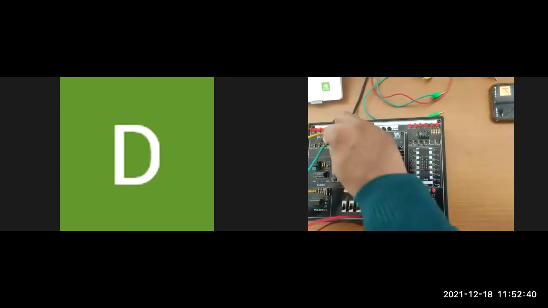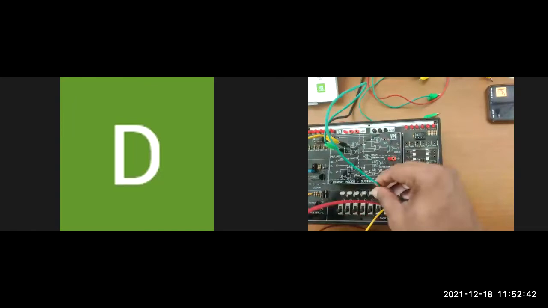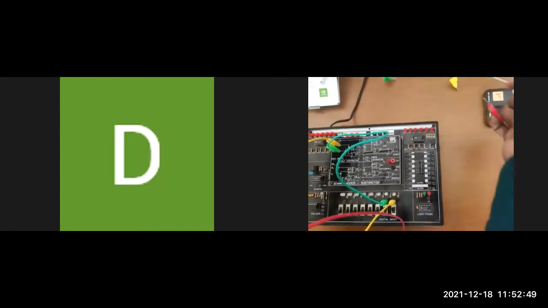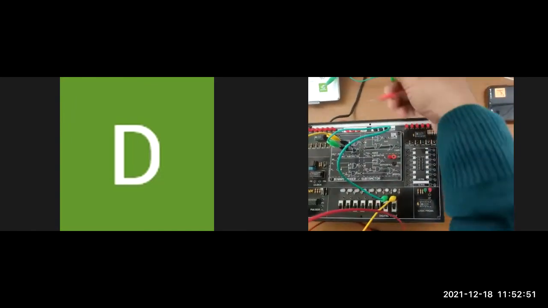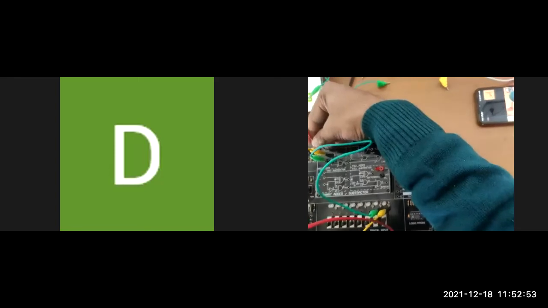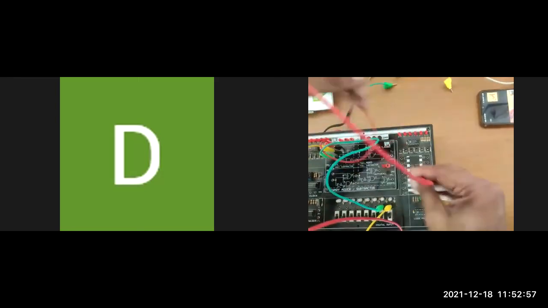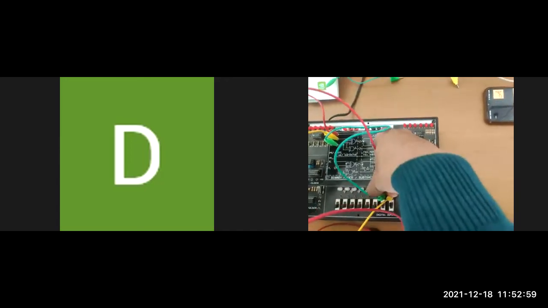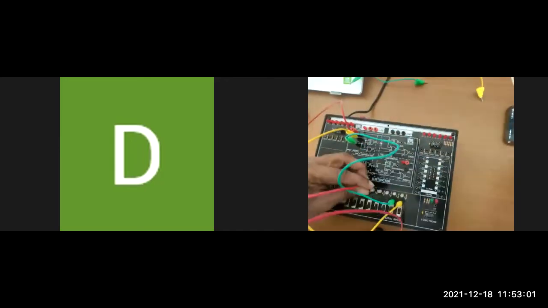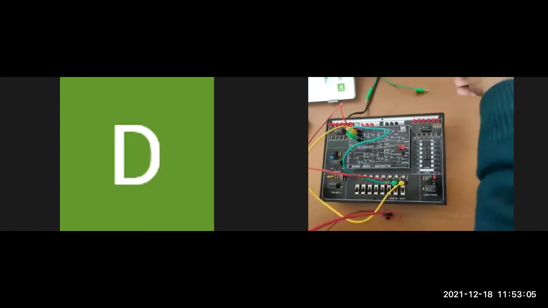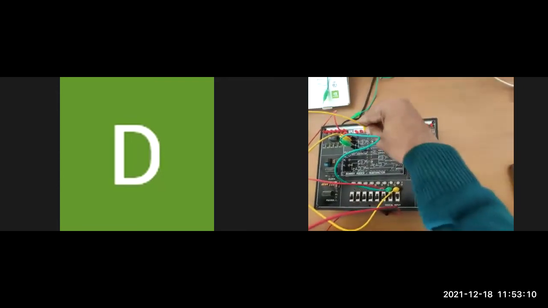This is B, connected with this. And C, suppose the 3rd input, is connected with this digital input. Now the output.